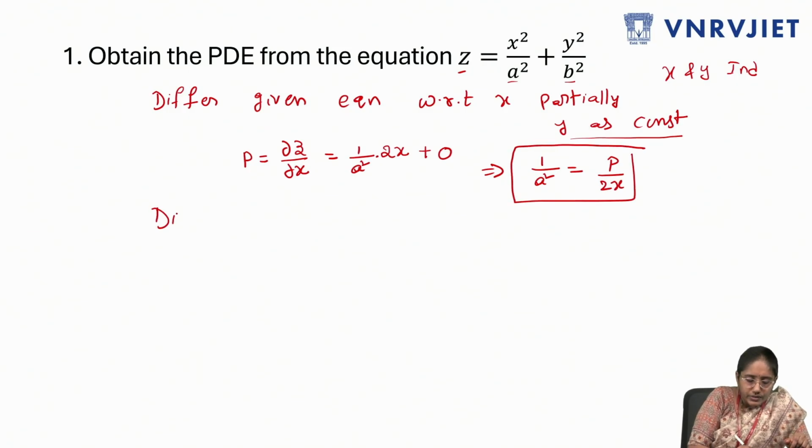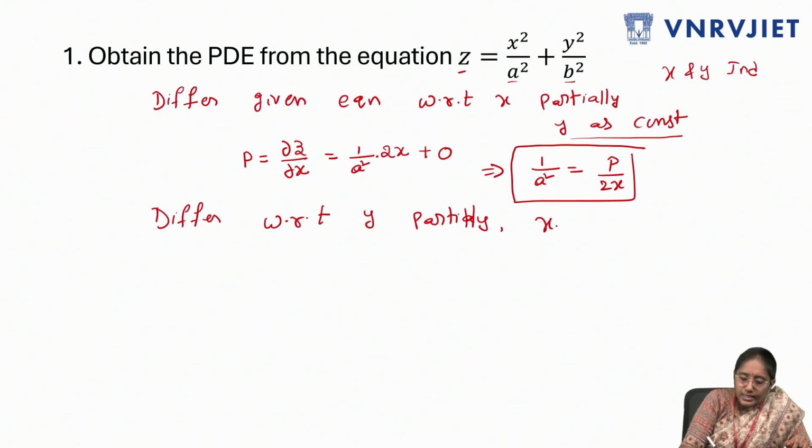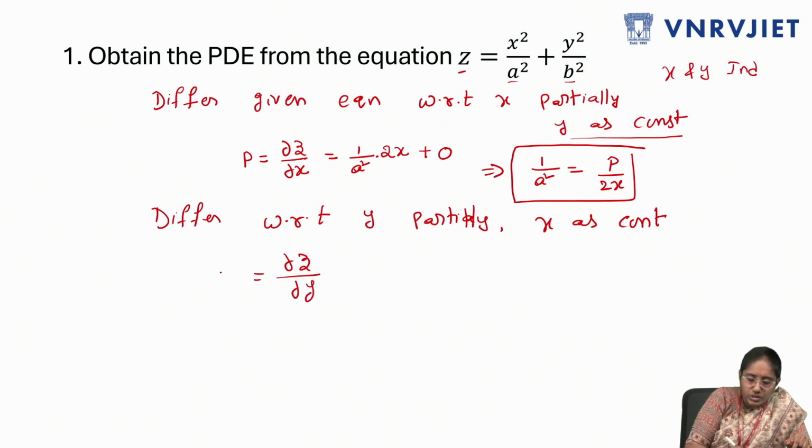Next, again differentiate with respect to y partially. It means take x as a constant. So dou z by dou y, which is denoted as q, is equal to, here x square by a square is a constant because we are differentiating with respect to y.